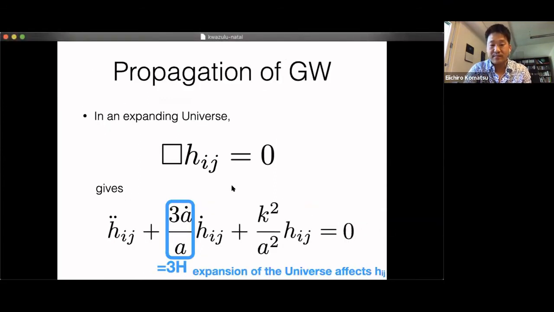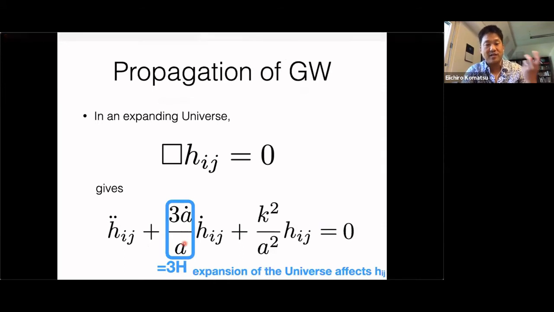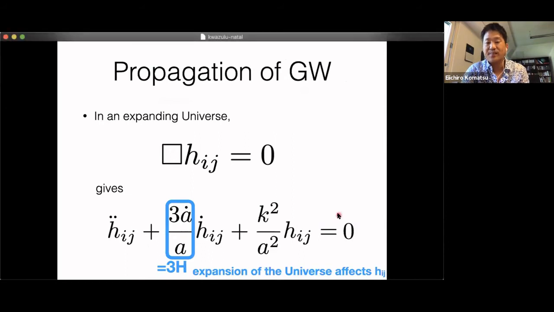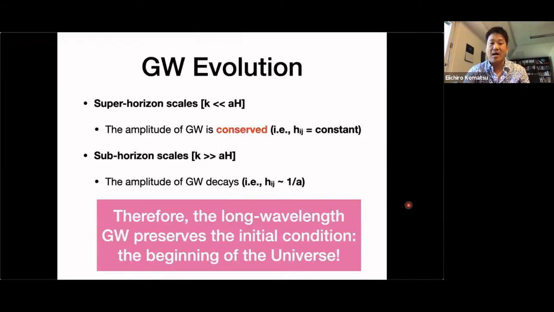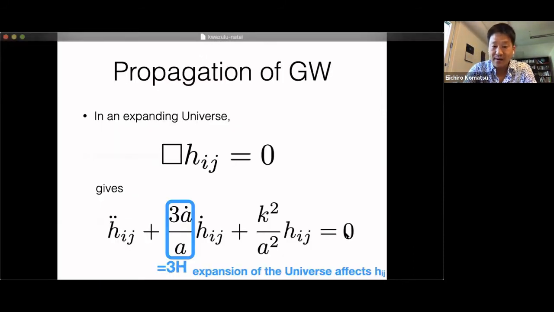it evolves according to this equation. So in Fourier space, this equation looks like that. So you have this 3 times the Hubble expansion rate coefficient in the second term. This will modify the amplitude of a gravitational wave as gravitational waves propagate through the expanding universe. Then the gravitational wave evolution is different depending on whether this term is important or this term is ignored, okay?